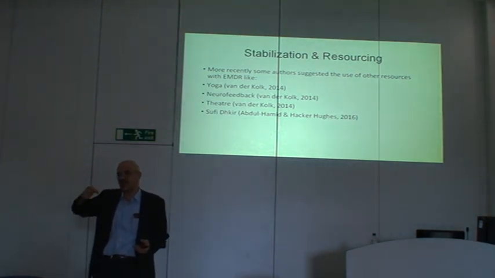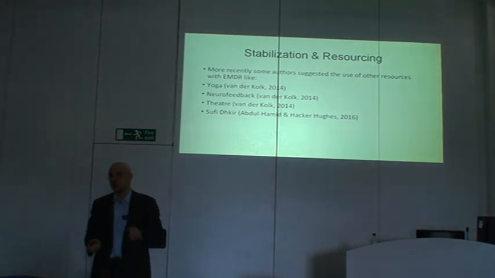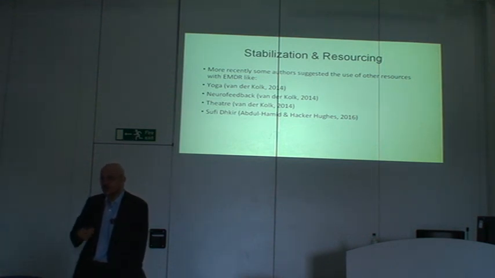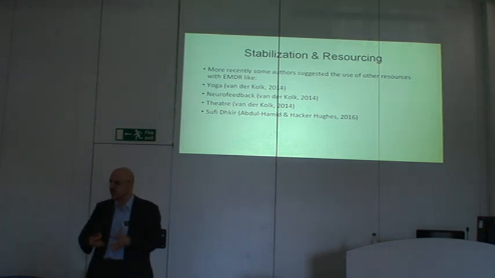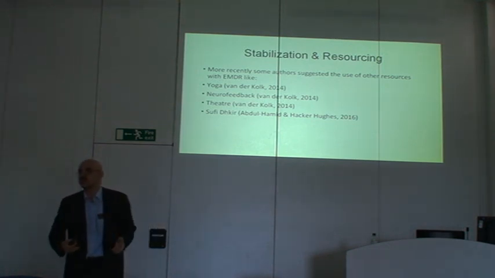I really don't know a lot about it, but from what I read in Van der Kolk's books, I would love to train in that, because it seems to be quite effective from the trials they did. Theater seemed to be very effective, particularly with soldiers with PTSD, and particularly Shakespearean theater. He also did a trial on that and found it quite effective in terms of the roles they take, the movements and things they do in the theater helps a lot.